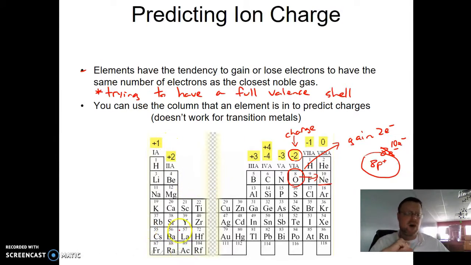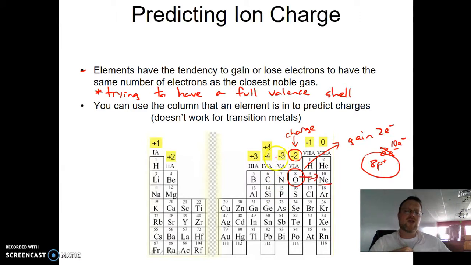Group 2 all forms +2. When you get to group 3, this is pretty much all +3. When you get to group 4, you'll notice this says plus or minus 4. The reason for that has to do with the idea that it's just as easy to gain 4 electrons as it is to lose 4 electrons, and so you might go either way there.